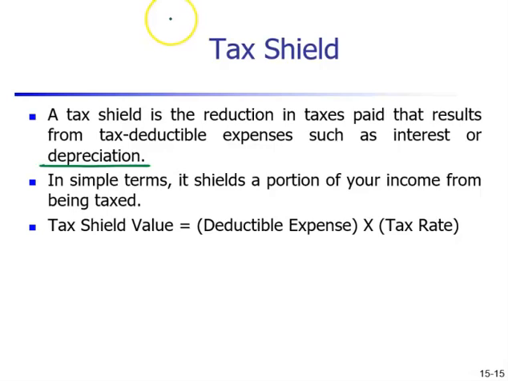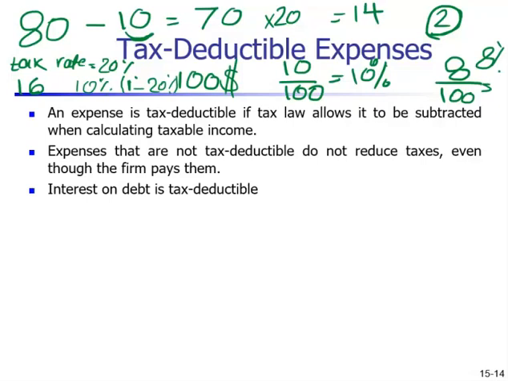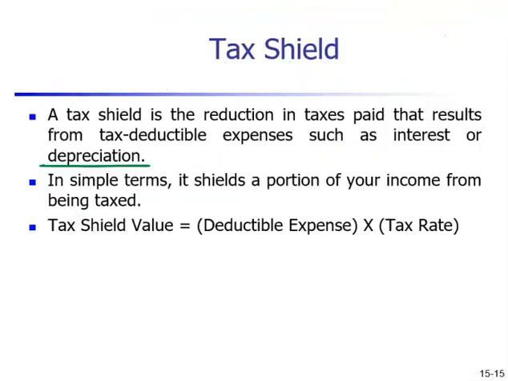As I have always told you, never memorize anything, because the way we handled it quickly, it was just common sense. So no need for memorization of any formula. It says tax shield value, how much it saves you, the deductible expenses that you have. You are not going to pay tax on them.